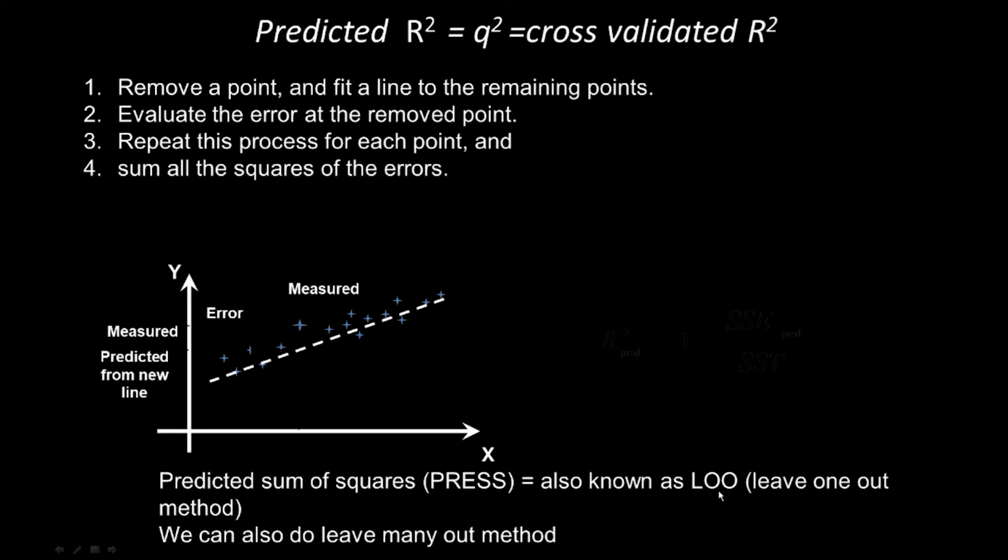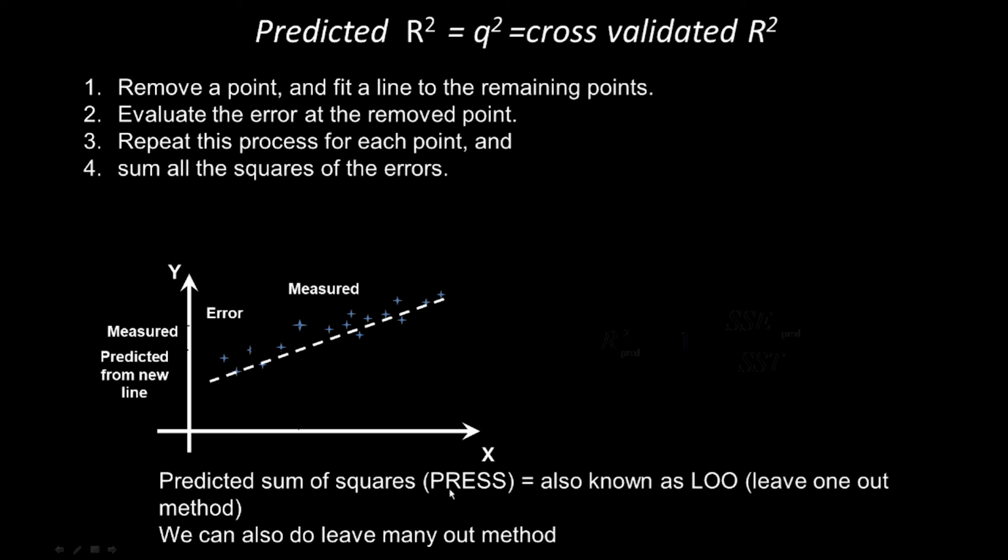It is also known as the LOO, leave one out method, because every time we remove one data point, develop a model, and try to predict the value for the point we have left out. Once we get the PRESS, we do 1 minus PRESS divided by the sum of squares of the total. That will give you R square predicted or Q square.